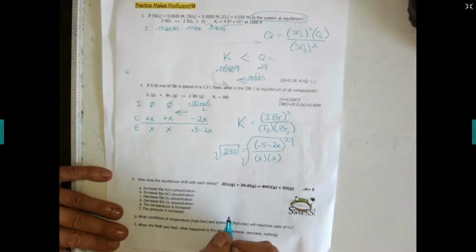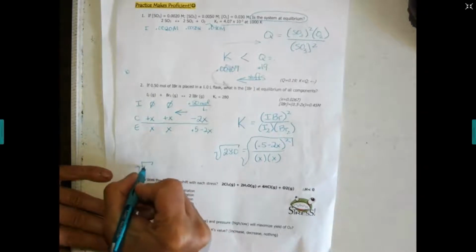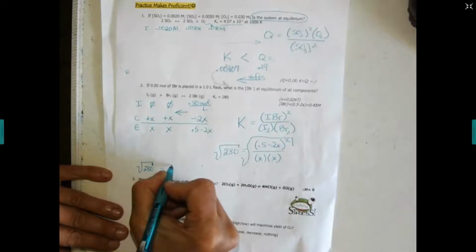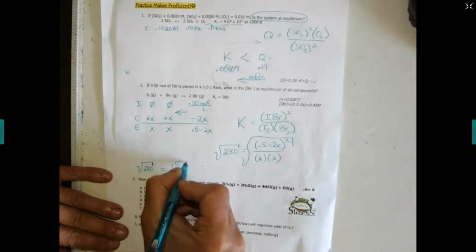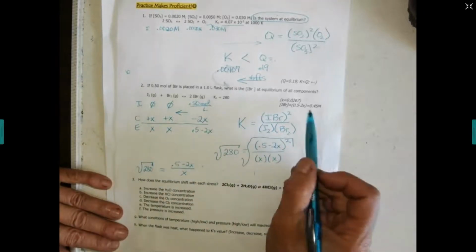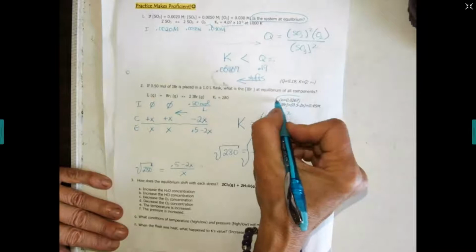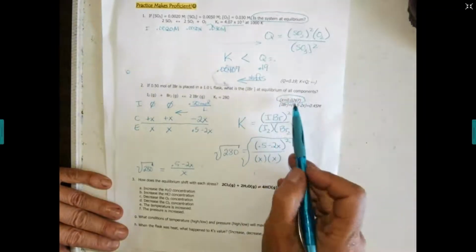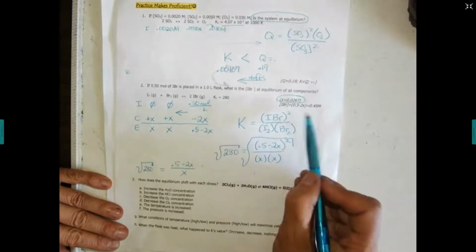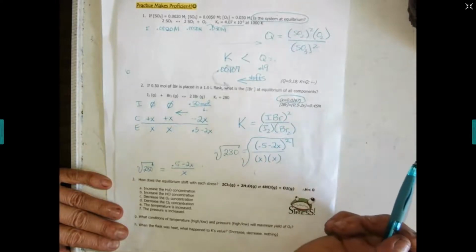I think we did this problem yesterday. You'd have the square root of 280, whatever that is. My calculator's next door. 0.5 minus 2x over x. You rearrange, you solve for x. You will get my answer up here for your x. And then the reactant would be 0.5 minus 2x, which gives you that.